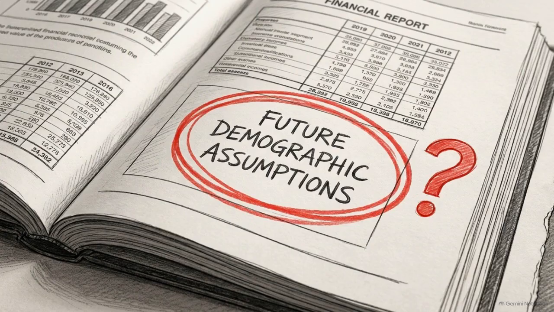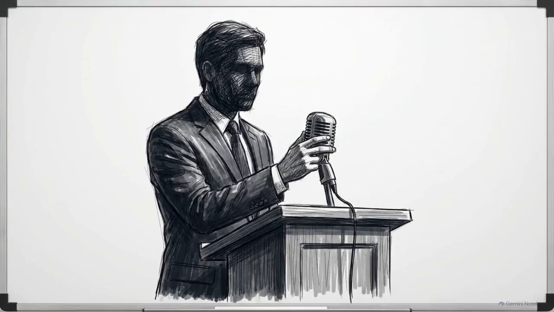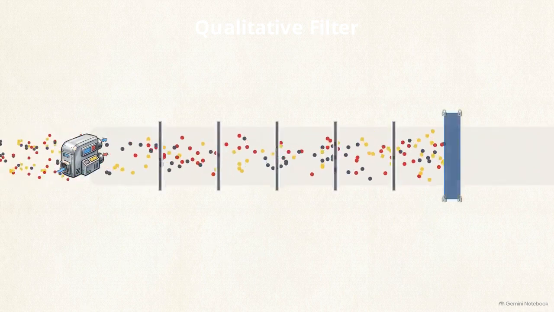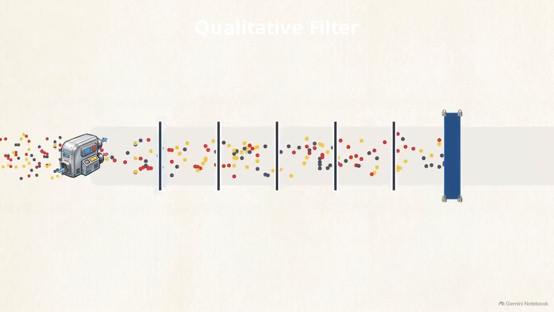Pulling prospective and non-financial data into a formal financial report introduces a clear risk. Subjective estimates can easily be manipulated by political actors. To prevent this, the IPSAS framework institutes a qualitative filter. Every piece of information must pass through these 6 gates before it is allowed into the GPFR.